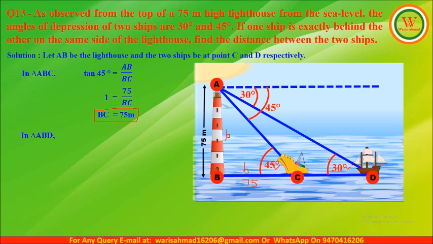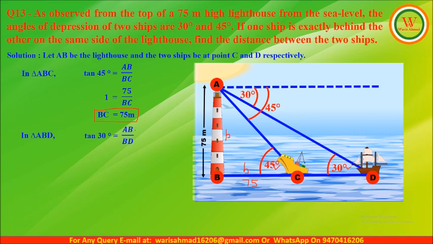So here we can write in triangle ABD, tan 30 degrees equals AB, meaning perpendicular, upon base, that is BD, because the base of triangle ABD is BD. So we can write here AB upon BD. The measurement of AB is given as 75 meters.